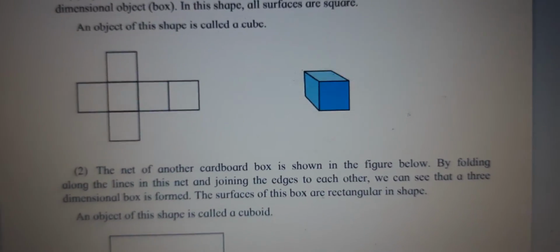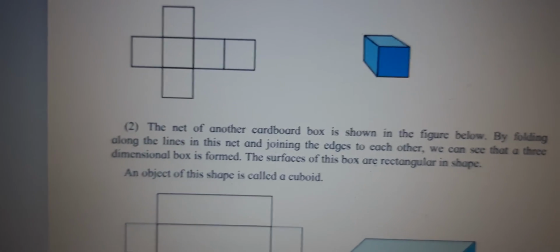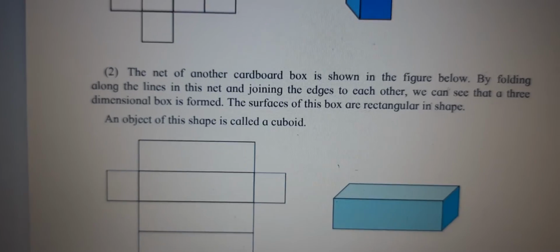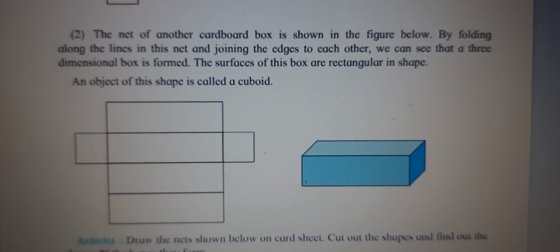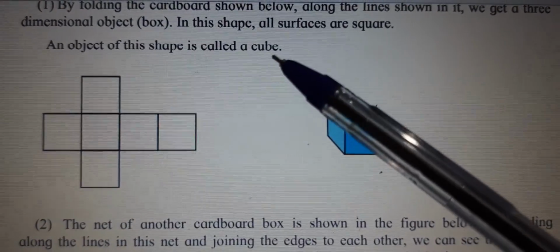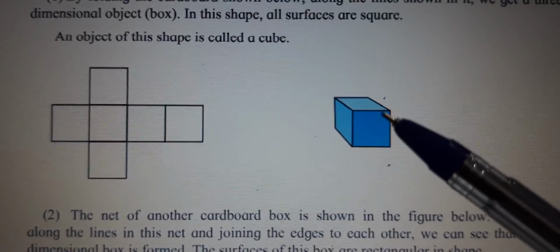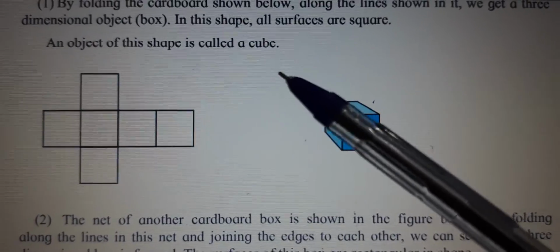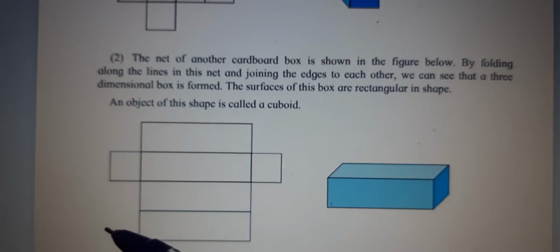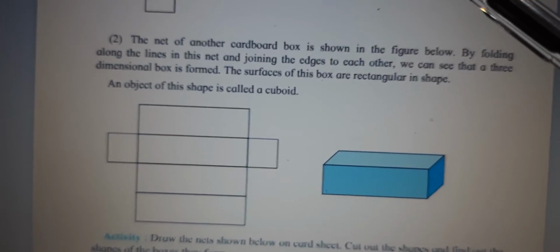So the net of another cardboard box is shown below, that will be rectangular in shape. That was square, which I showed you. Now this is rectangular, children, and when it is a square, we say an object of this shape is called a cube. Snakes and ladders, when you play, it's a cube. So if it is square shape, it is called a cube, and if it is rectangular in shape, it is called a cuboid. Okay?